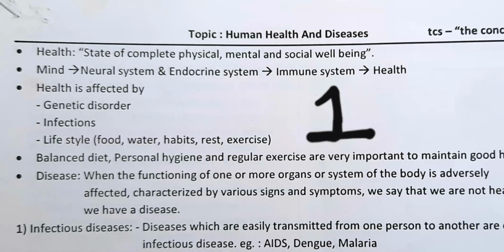Going to that point again, yoga and meditation: it's your mind. If it is in a steady, calm, good state, that means your nervous system and endocrine system will work properly and positively. That means your immune system is going to be impacted positively, and that immune system will have a greater impact on your health.